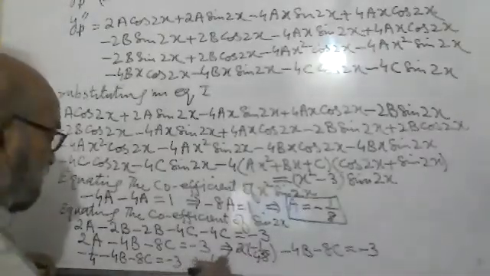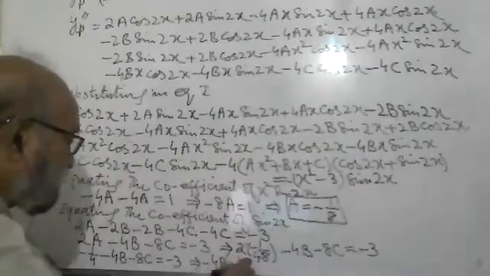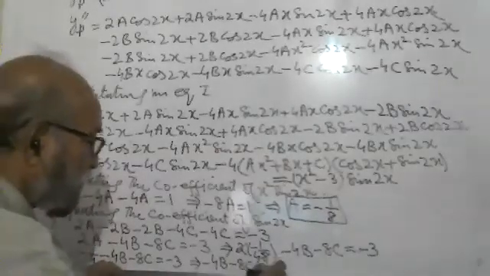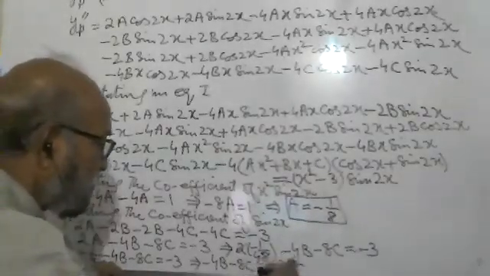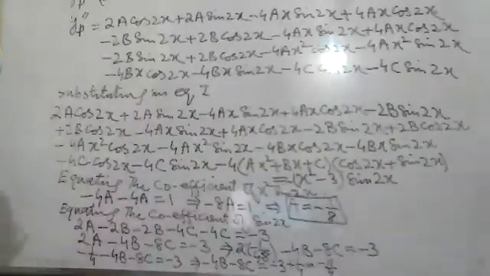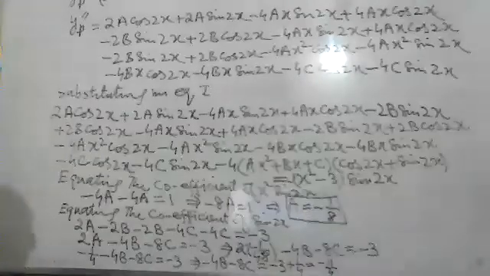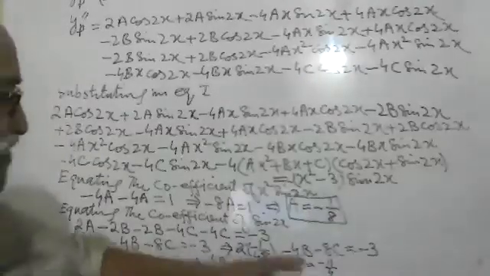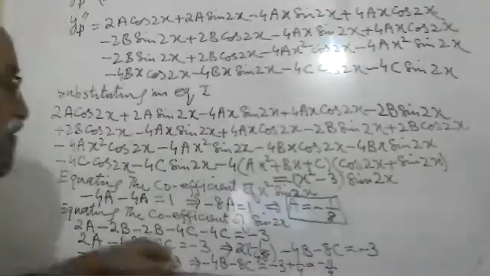Minus 4b minus 8c is equal to minus 3 plus 1 upon 4. It will become minus 11 upon 4. So minus 4b minus 8c is equal to minus 11 upon 4.